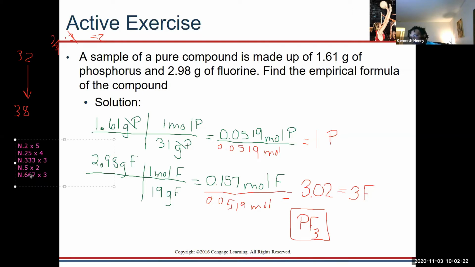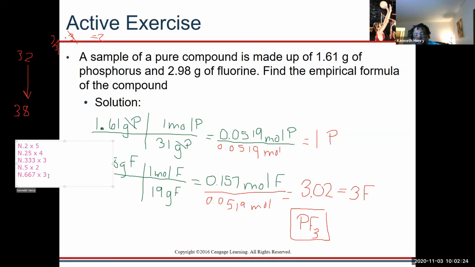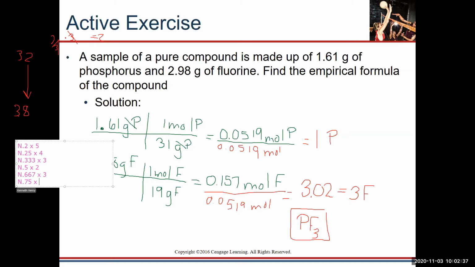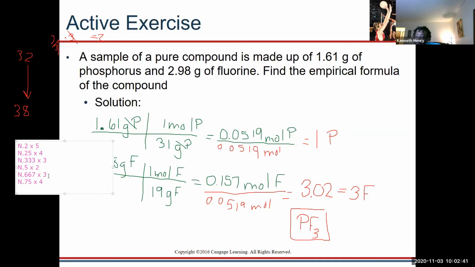Okay, what about 0.75? Four. 4. Okay, what about 0.8? 5.